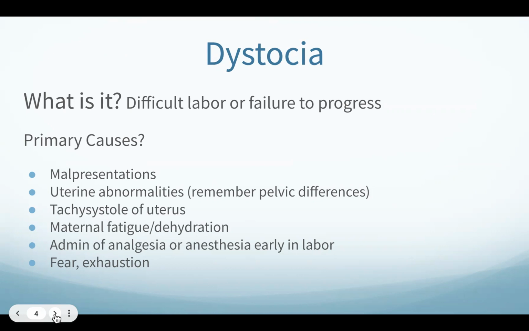Some are narrow, some are tilted forward, tilted back. So just different malpresentations. Tachysystole of the uterus. You'll see that when they are getting Pitocin. Maternal fatigue, dehydration. She's absolutely exhausted. She just can't go anymore. Administration of analgesics, we'll see that actually sometimes will stop or slow down a labor, and fear and exhaustion.